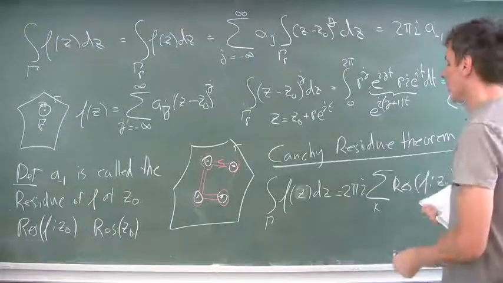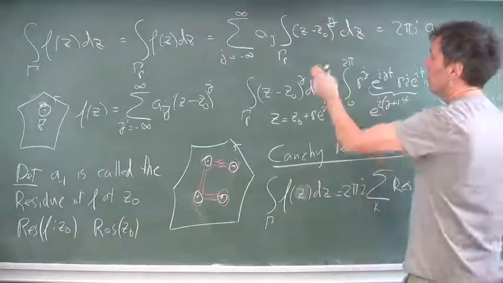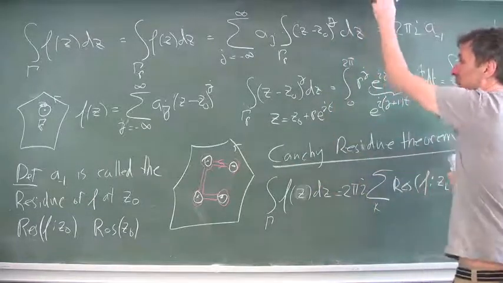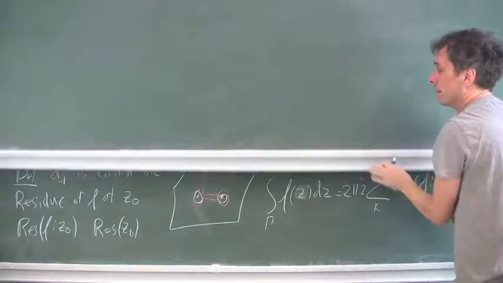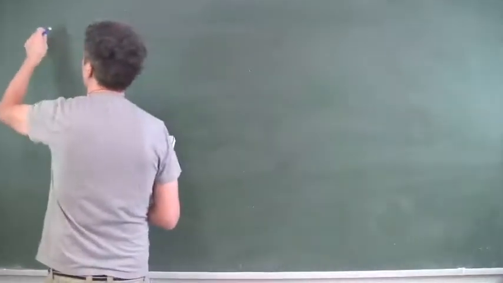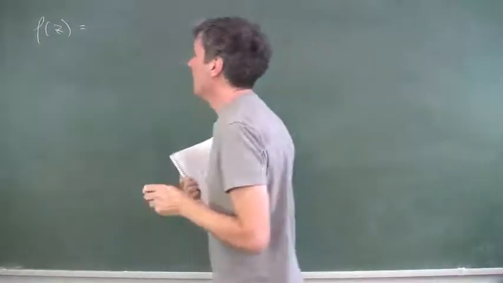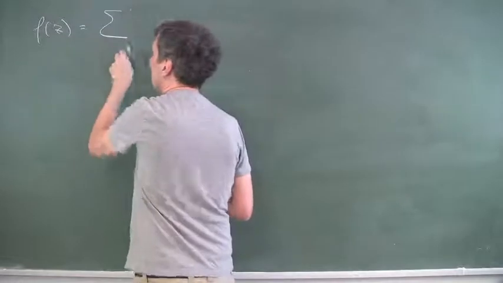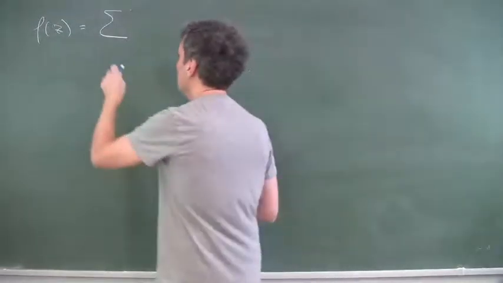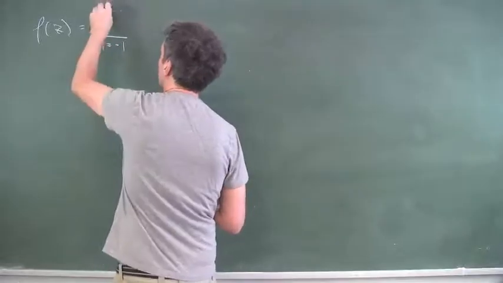So if you want to compute integrals, then it's obviously important how to compute these residues. So let us start with the case when the function f just has a simple pole, which means then that the summation here can start from minus 1.